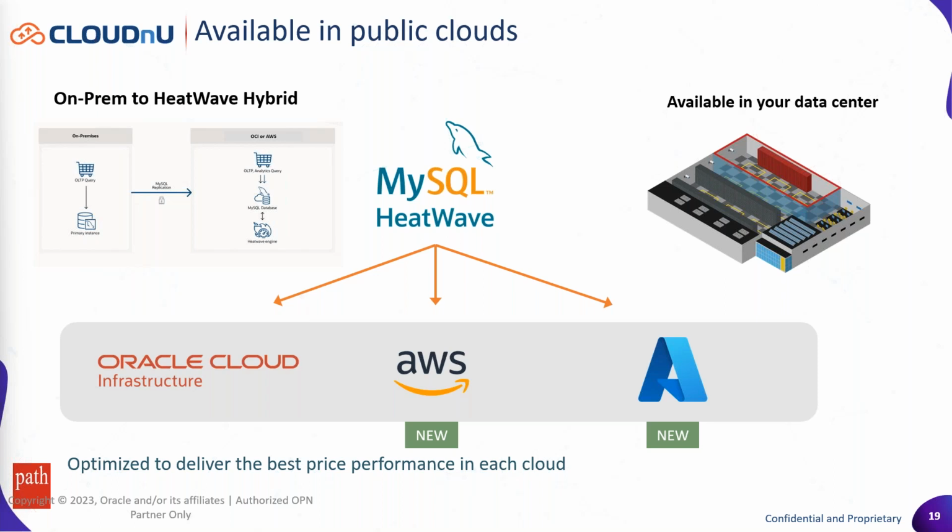Okay, so we have AWS, we have Azure. What if you don't want to move out of your data center? You have data, and there are some real government rules or whatever that say you cannot move all your data to any cloud. It has to stay in-house. Well, guess what?